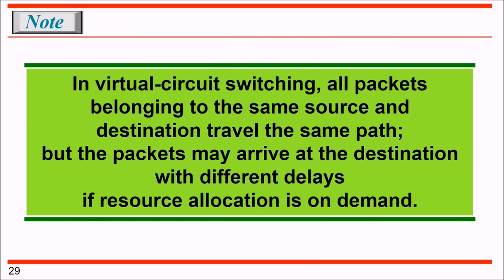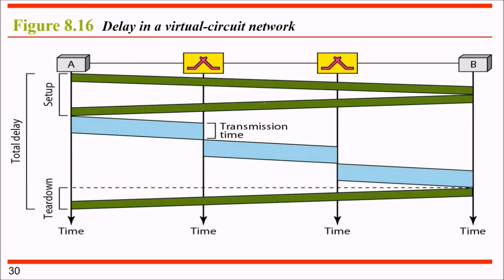In virtual circuit switching, all packets belonging to the same source and destination travel the same path, that is the circuit switching. But the packets may arrive at the destination with different delays if resource allocation is on demand. If resources are scarce, there is no problem, because resources are allocated as per requirement and they arrive at the destination with different delays. And you have known the delay.